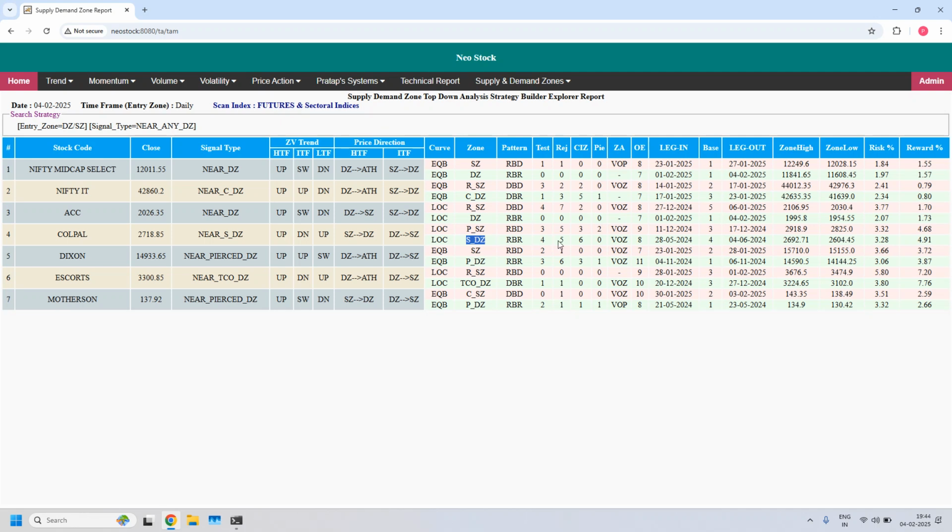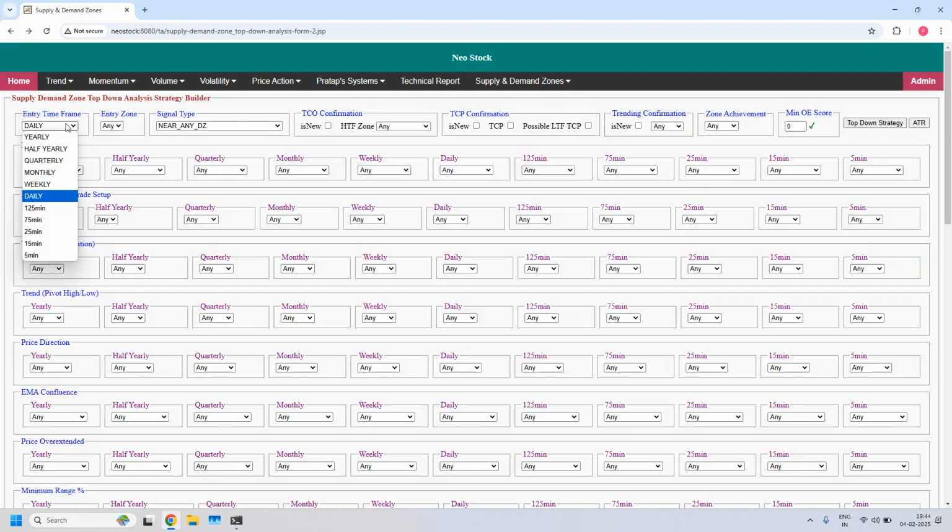Colpal is having a high liquidity daily demand zone. That's it. We have only one valid high liquidity, high priority daily demand zone in this list. Colpal.